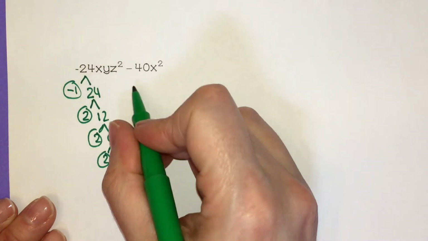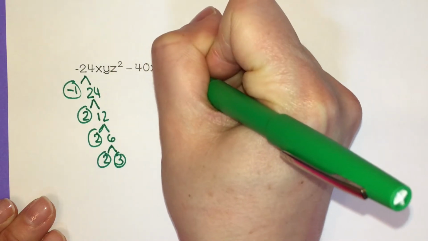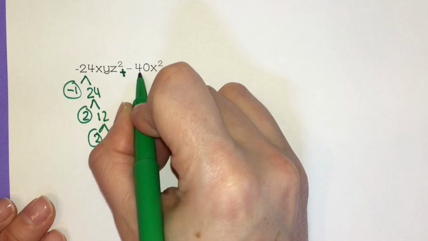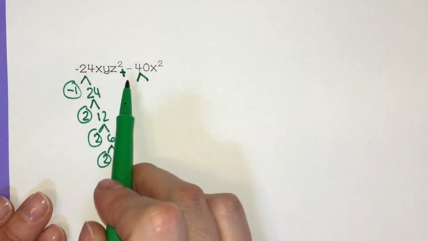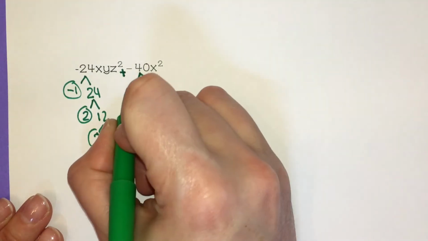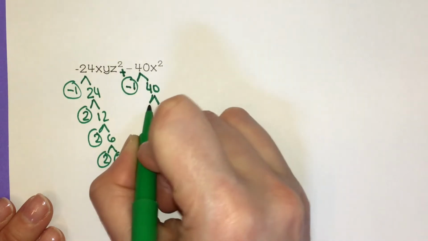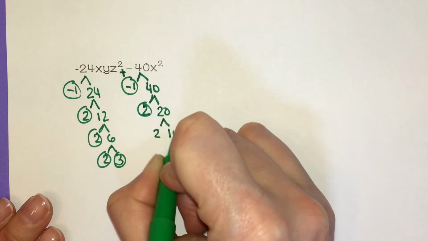Okay, I'm going to break down negative 40. Remember, I can change minus 40x squared to plus negative 40x squared. I'm going to break that down because I know I'm factoring out a negative 1 here, so I can also factor out a negative 1 here if I treat this as negative 40. So negative 1 times 40. 40 gives me 2 times 20. 20 is 2 times 10.